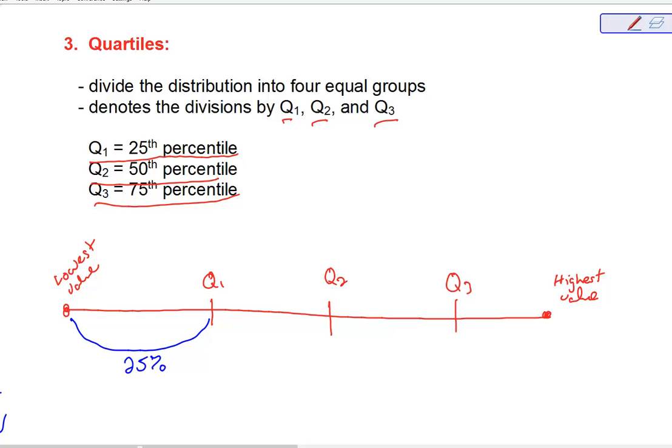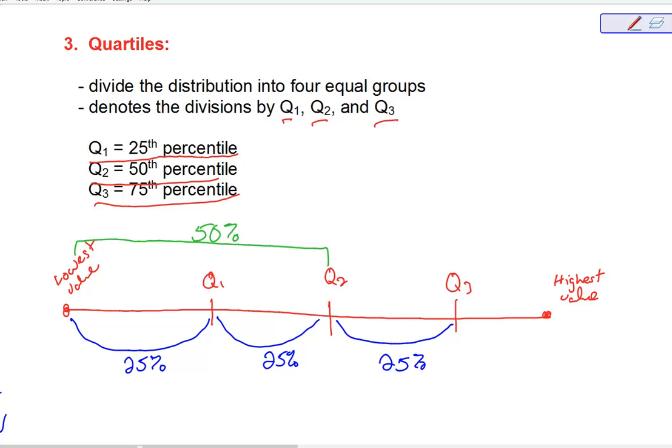So anything below this Q1 is 25%. Then from Q1 to Q2 is another 25%. Therefore anything below Q2 is going to be a total of 50%. From Q2 to Q3 is another 25%.